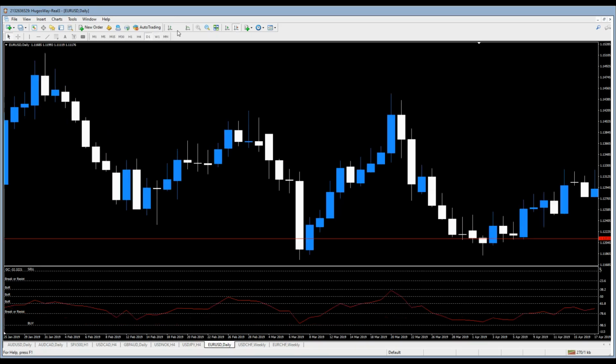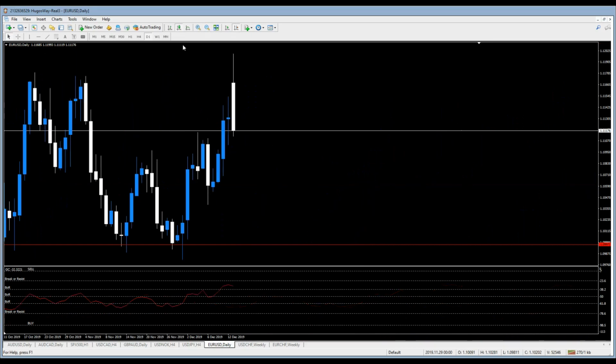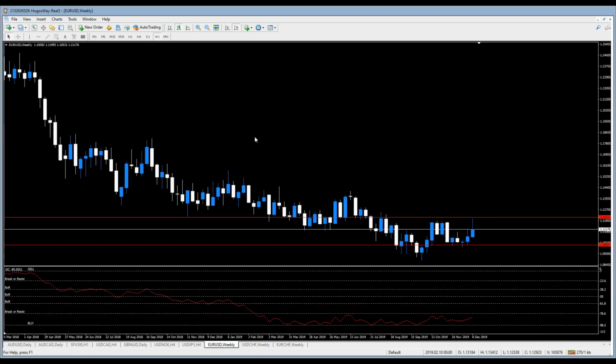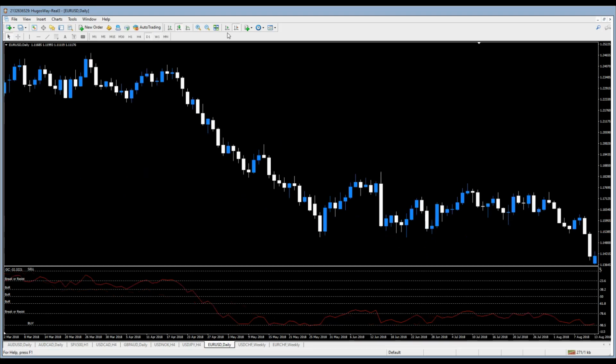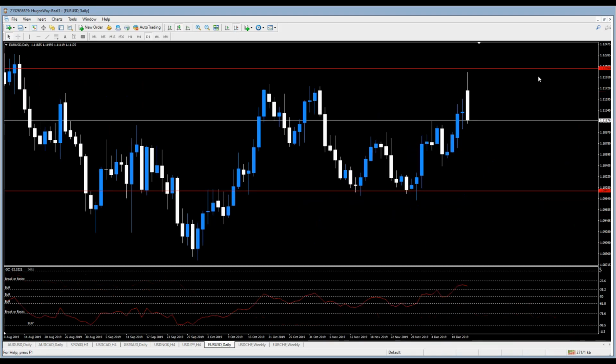Let's go from our daily. Actually, let me fix this line up for us. Okay, now I'm going to go to my daily. On our daily, we're getting another fake out, but I still see this going to the upside. The reason is because I see the trend get a fake out right on support.